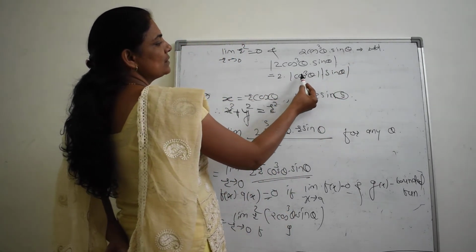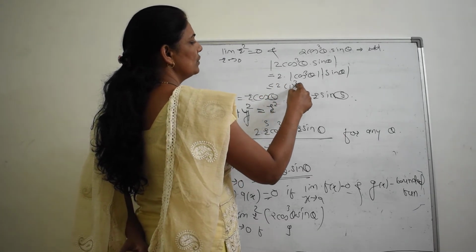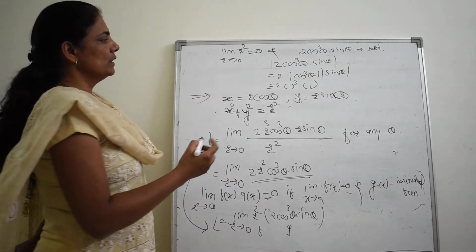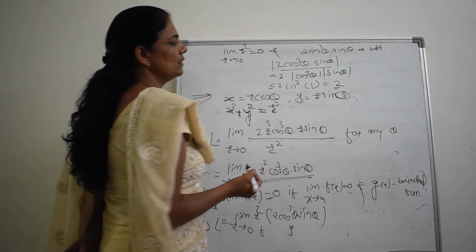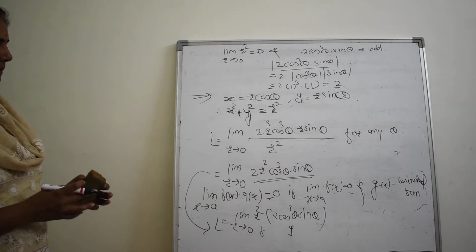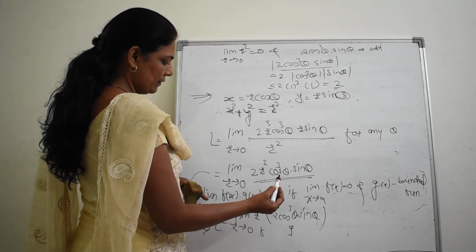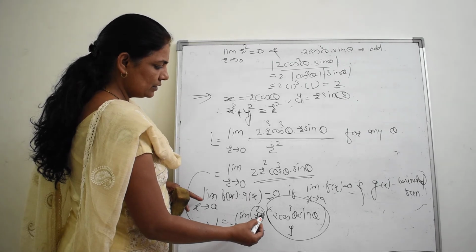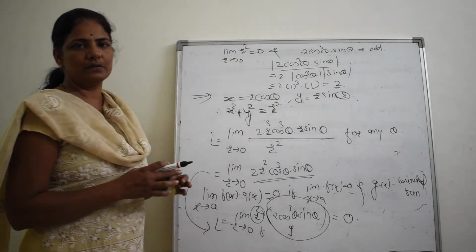We know that the maximum value of cos theta is 1, so it is 1 cube, and the maximum value of sin theta is also 1. So the mod of this quantity is less than or equal to 2, that's why it is bounded. Since this function is bounded and the limit of the other function is 0, the total answer equals 0.